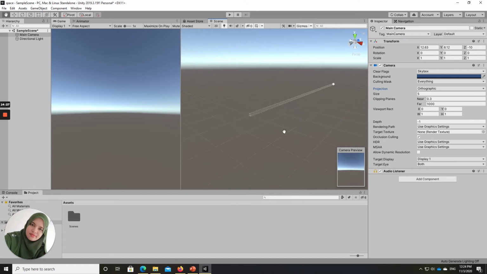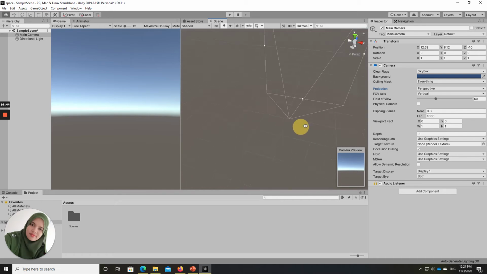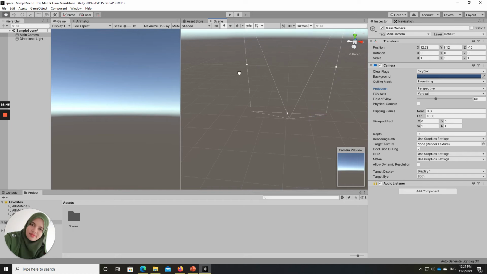to work in whatever projection, either perspective or orthographic, depends on what kind of game you want to develop. So always remember, if you work on this position, which is the XY, and you want the camera to look at it, whenever you want to make a point, make sure that the point is inside the camera, and then you give the direction on the x, y, or z direction.